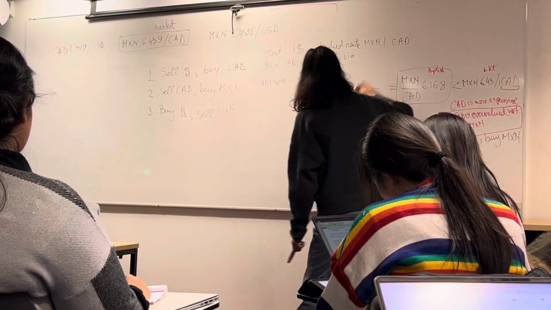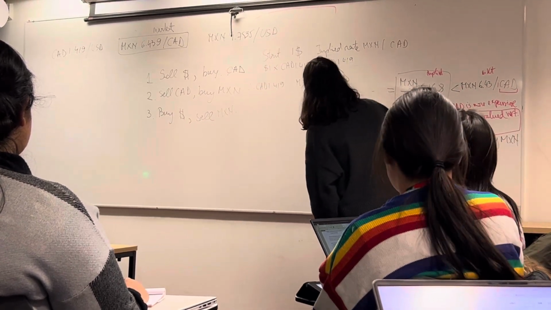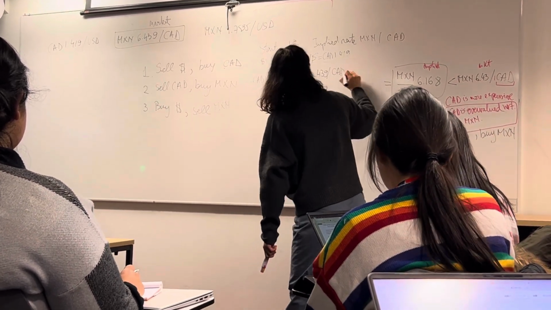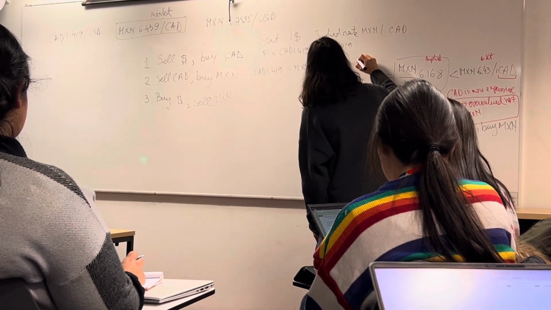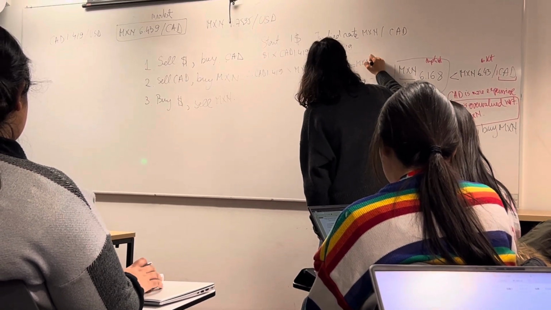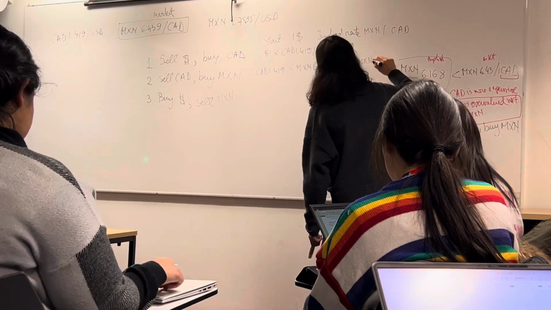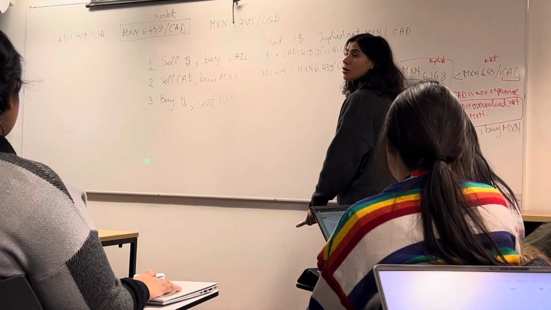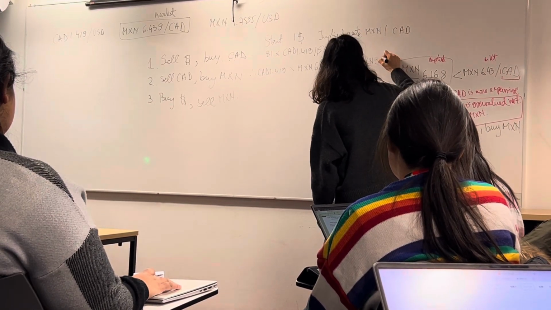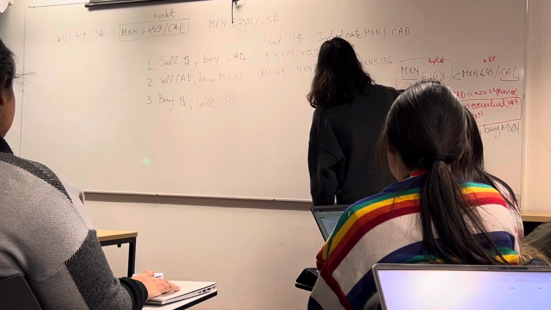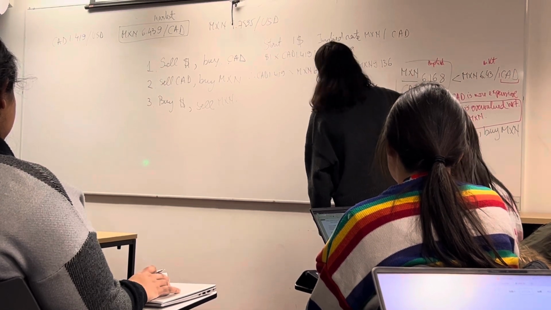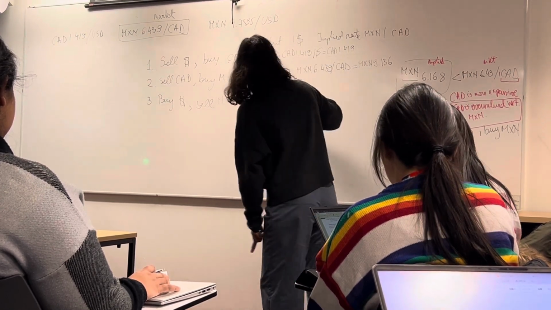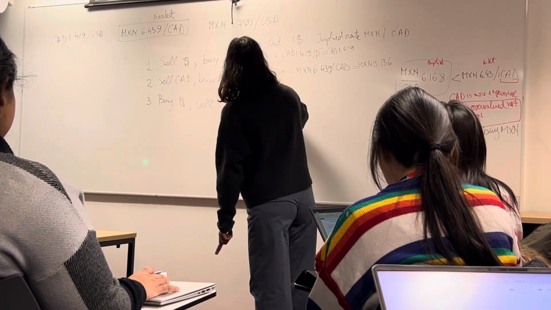Do we multiply or do we divide? Multiply. Yes, very good. And does anyone have a number? 9.1369. Okay, thank you. So then we have Mexican pesos.